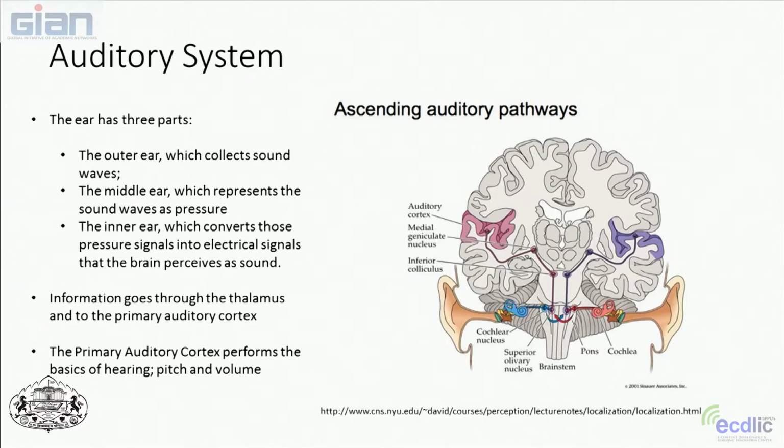After those are converted to neural signals, the information goes through the thalamus again, our little relay center, and goes to the primary auditory cortex. You can see in the picture that the primary auditory cortex is located in the temporal lobes, and it does the basic processing of the sounds that we hear, which involves a lot of the pitch and the volume of the noises that we hear.